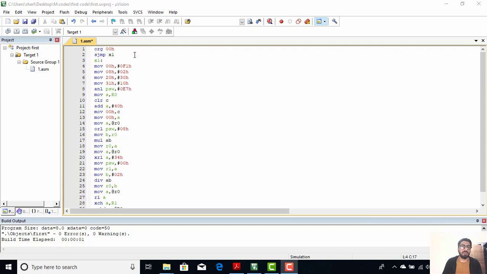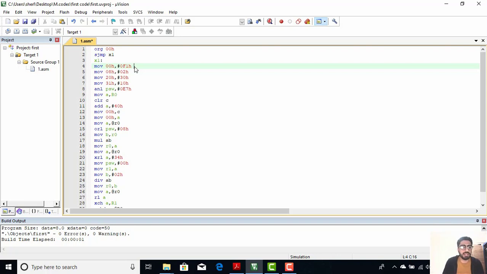In this program we are going to start from org 00 hex, which is our standard starting area when we are coding, and the first four lines we are actually giving initial values to some registers.